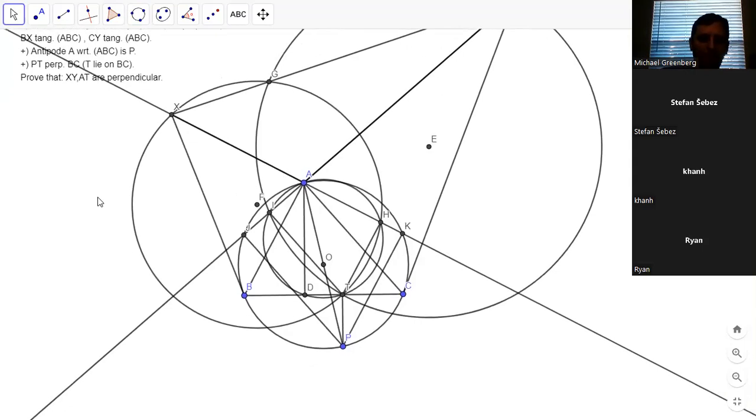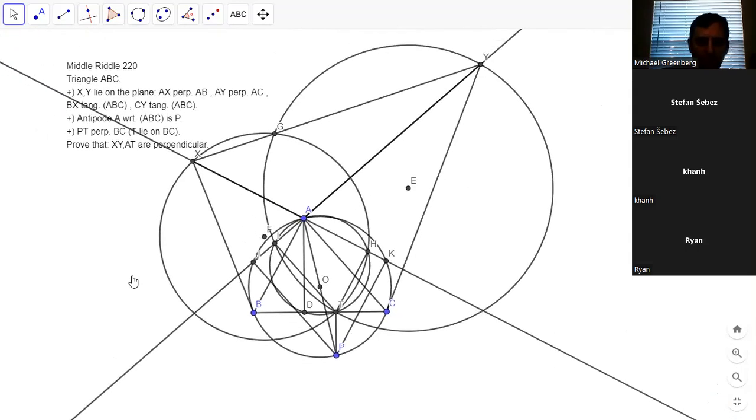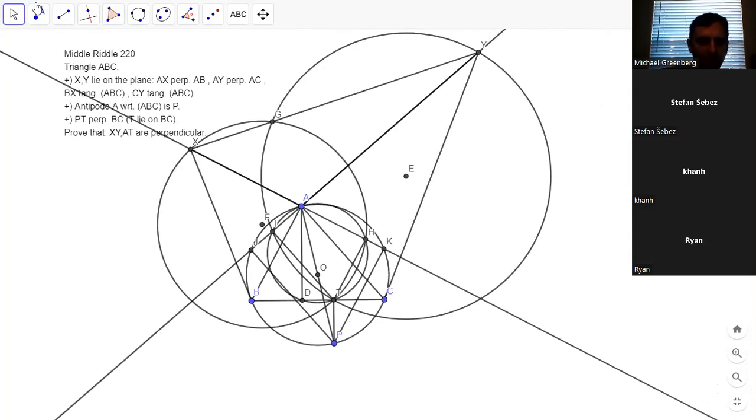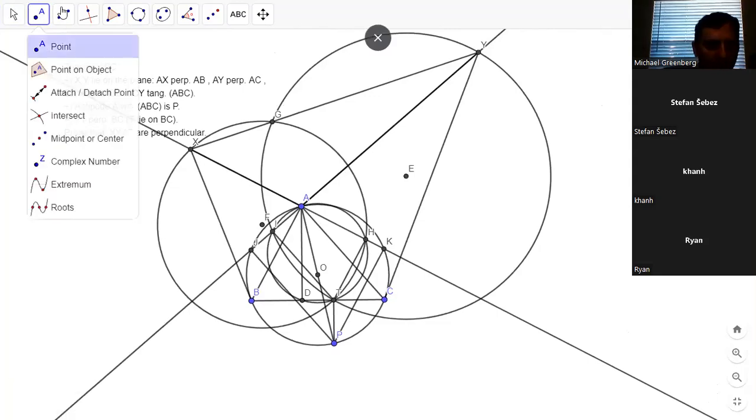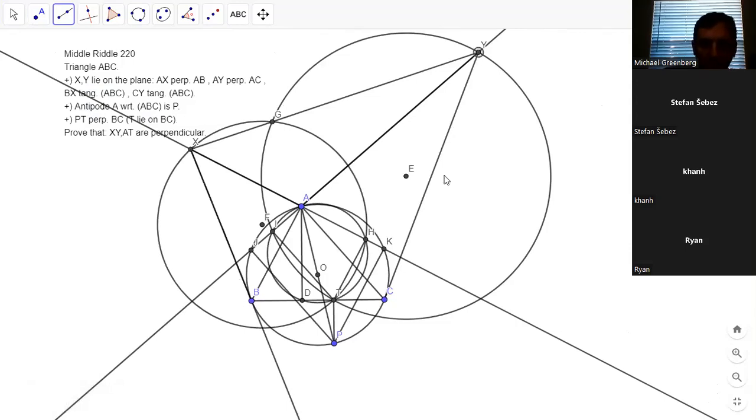Yeah, so if we extend these two, XB and YC, can we use Trig-Cheva in a way that makes these angles cancel?